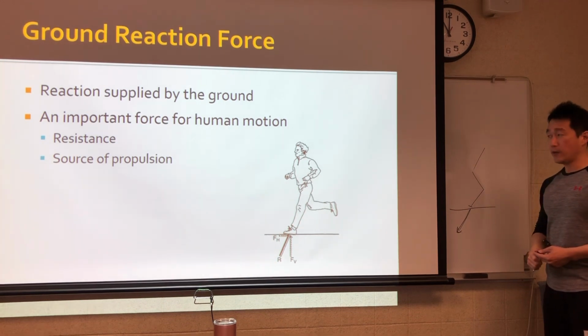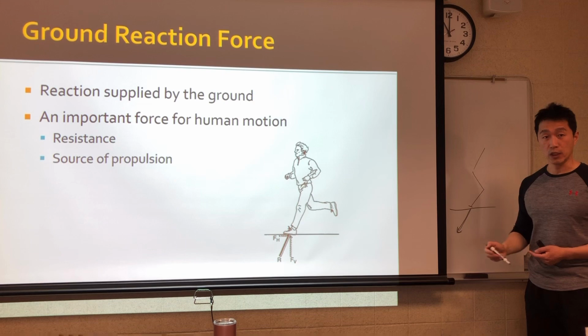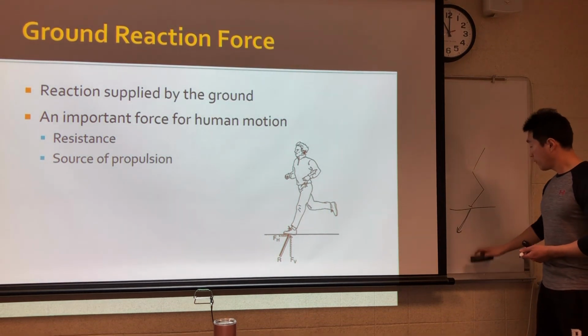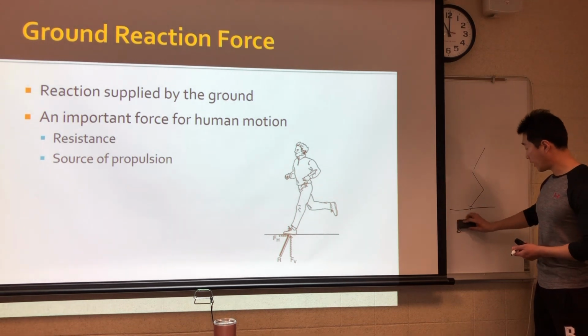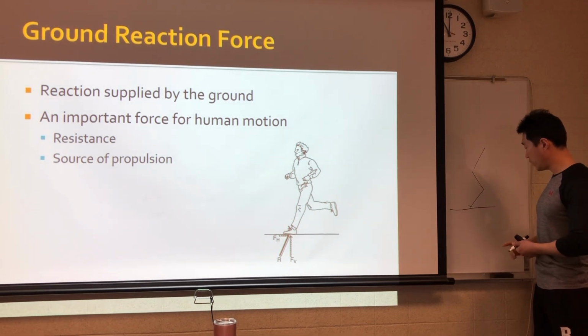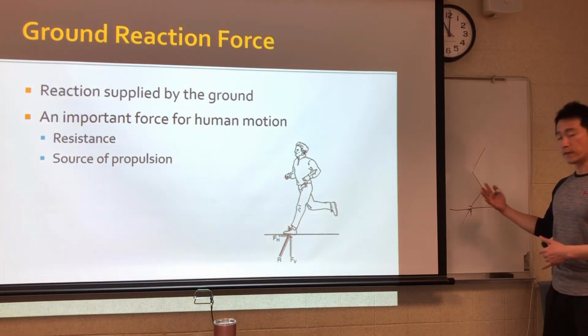But at the same time, he is supposed to get a reaction coming from the ground to his foot. So that is a force coming from his contact, but at the same time, he will be receiving the same amount of force coming from the ground to his foot.